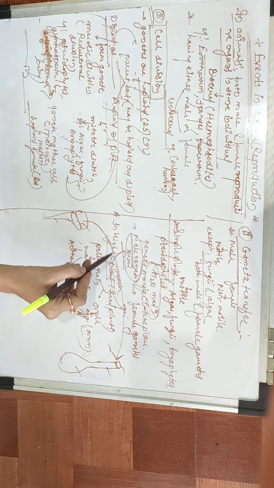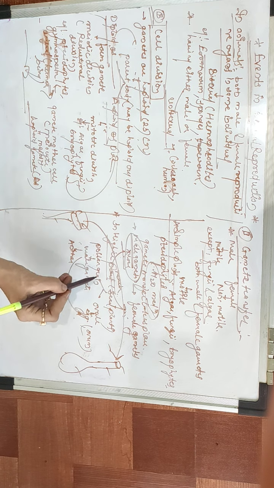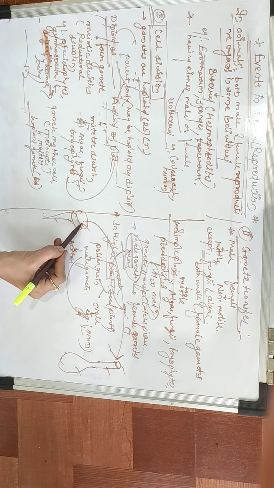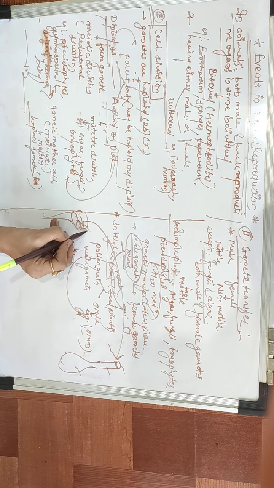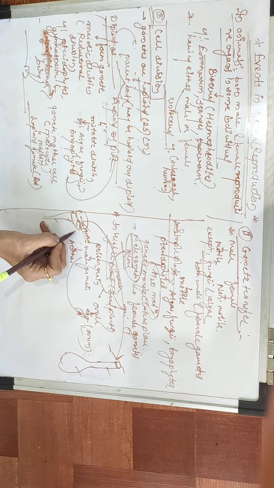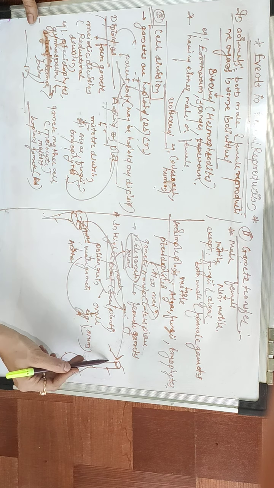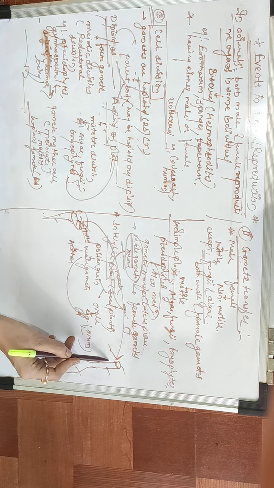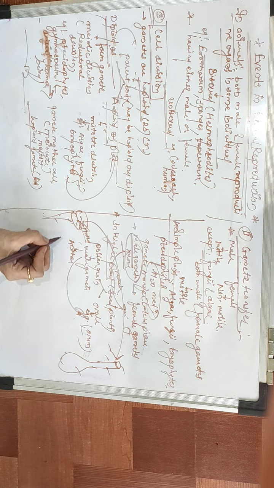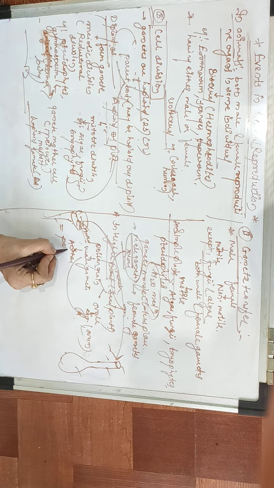The transfer of pollen grain from the anther to the stigma of the female reproductive part, that process is known as pollination.